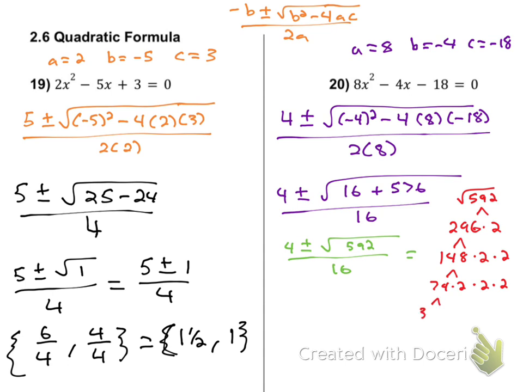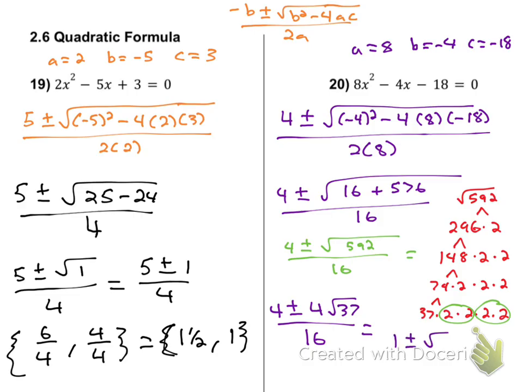And then 37. So we've got 2 sets of 2, 37's prime. We can take out a 4, so that'll be 4 plus or minus 4 square root of 37 over 16. And that would simplify to 1 plus or minus the square root of 37 over 4. That 4 in front of the 37, that's an understood 1. You can write that 1, but you don't have to write that 1 there.